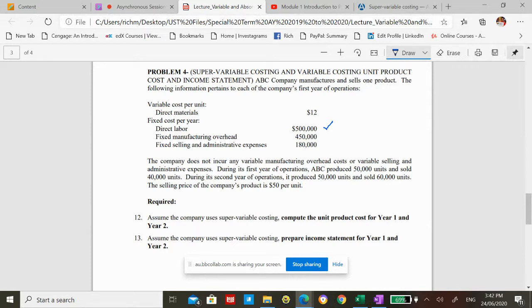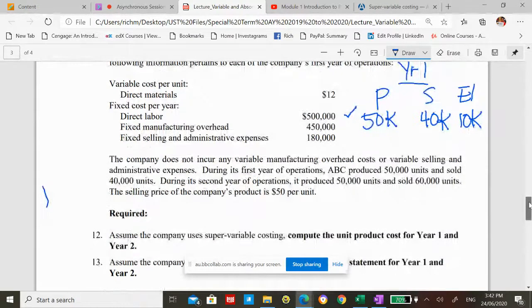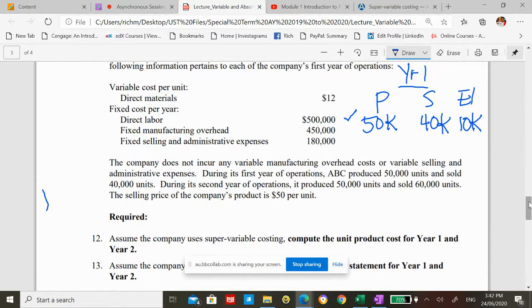During its first year of operations, ABC produced 50,000 units and sold 40,000 units. So for year one, our production is 50,000 units and our units sold is 40,000. Therefore, we have ending inventory equal to 10,000 units. To continue, during its second year of operations, it produced 50,000 units and sold 60,000 units.